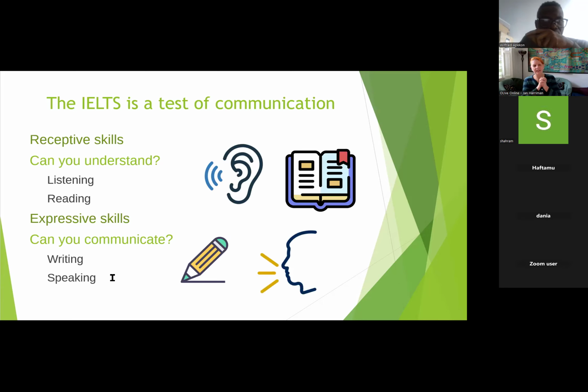Right. This test is different from any other test you have ever taken. Those of you who've taken it before, do you agree? Did you ever have a test like this in anything else that you've ever studied?